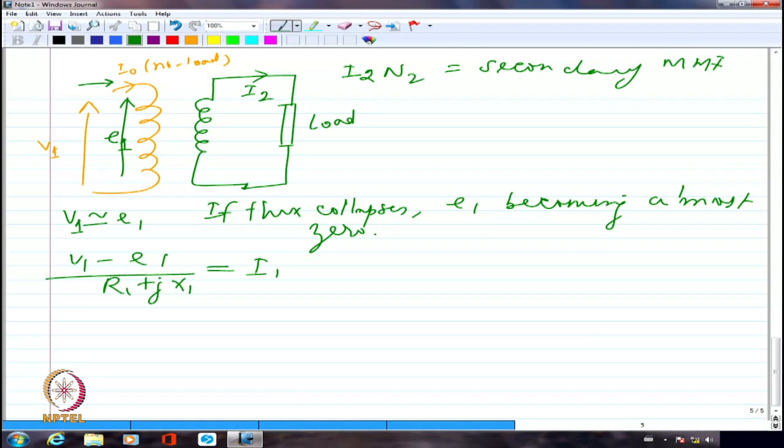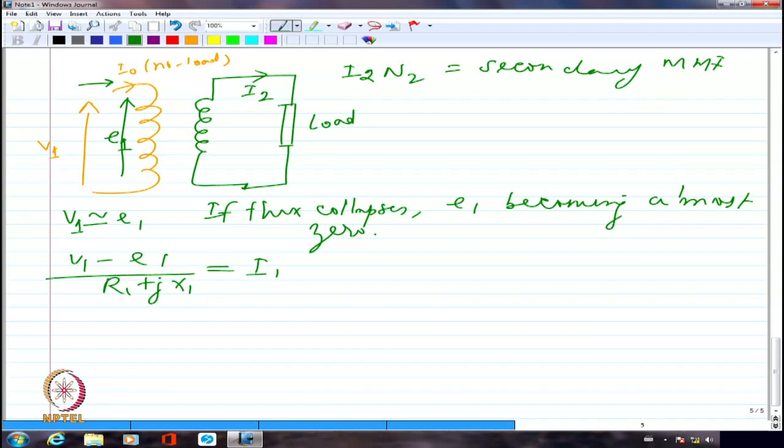So suddenly a new current has jumped up in your primary winding. Now, this I1 will reach such a level that it would be exactly equal and opposite to that of N2 I2. So we come back to the original flux level as far as the core is concerned.